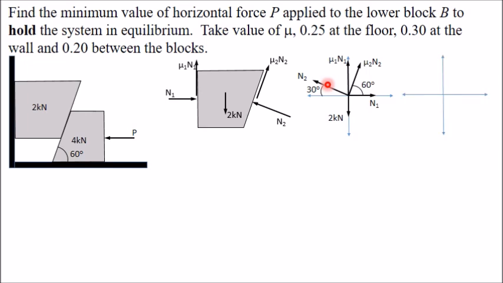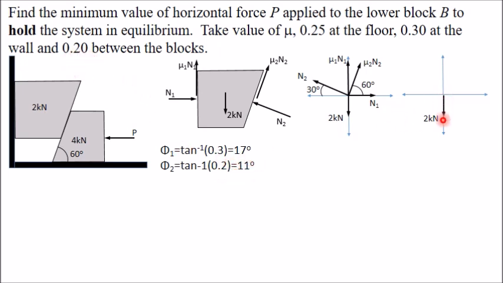So first calculate phi. Phi 1 is tan inverse mu1. Mu1 is 0.3, so you get 17 degrees. Similarly phi 2 is tan inverse 0.2, which is mu2, and from that you get 11 degrees.